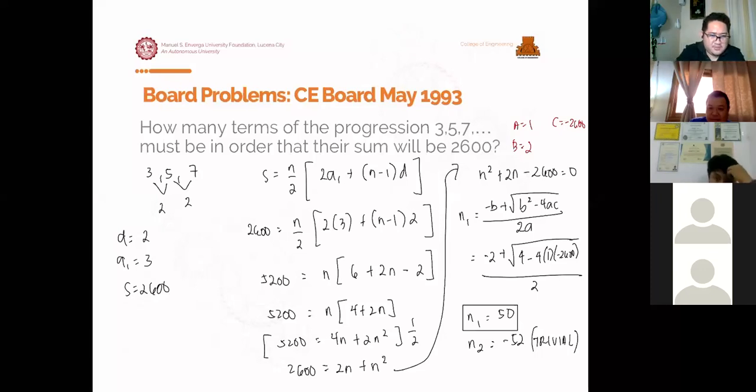Hindi ko mahanap, sir, kung saan pwede ma-download yung free. Yan, sir, si Sir Don, marami yan, kahit calculator, magbibigay po yan. Sige, sir, i-message ko sa Messenger. Si Wiring din ang nagbigay sa akin noon. I-forward ko po sa inyo.